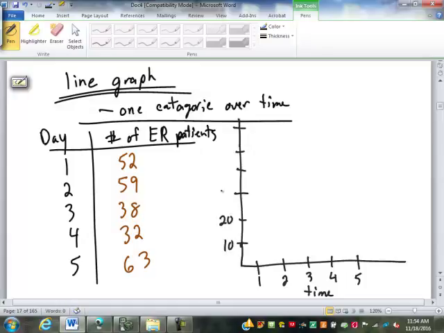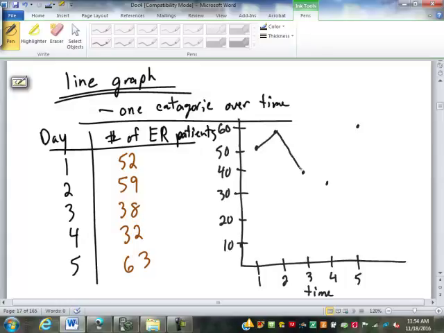So we'll leave them 10, 20, 30, 40, 50, 60. So day 1 was 52. That'll be somewhere in here. Day 2 is 59. That's just below 60. Day 3, it dropped to 38, somewhere in here. Day 4 is down to 32. Day 5 is back up to 63.